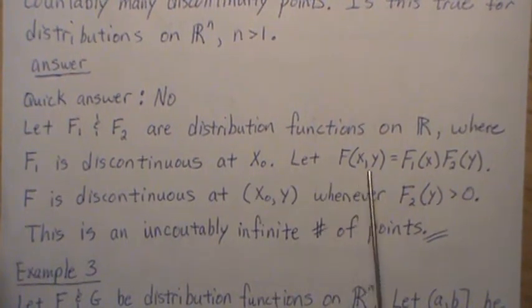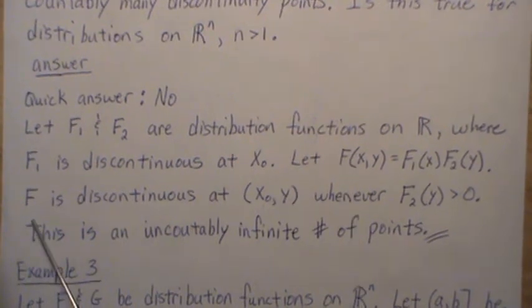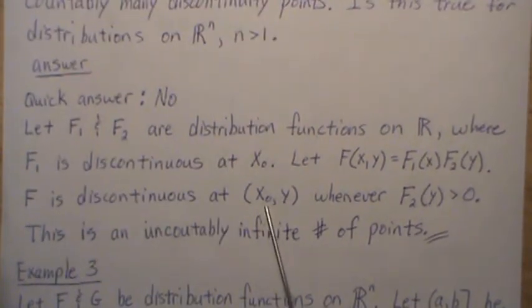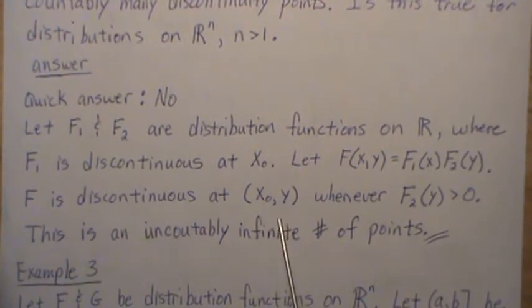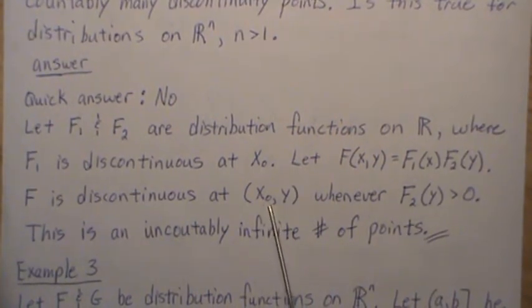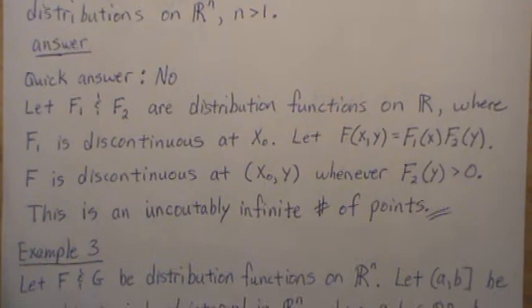Now let f of x, y be the product of these two distribution functions, then f is discontinuous at (x0, y) whenever y is greater than or equal to 0. Now notice that y has an infinite number of values. So this is an uncountably infinite number of points that it is discontinuous at. So it doesn't have to be countably many discontinuity points.